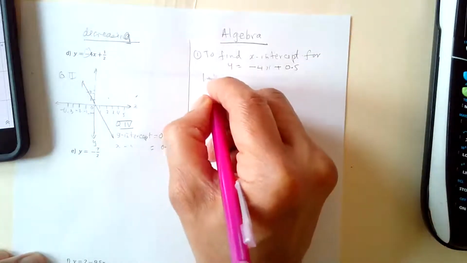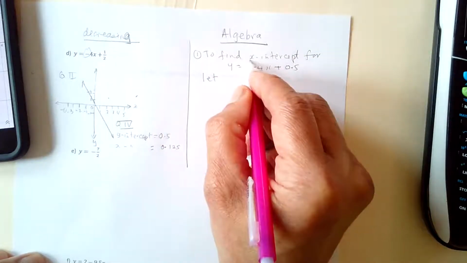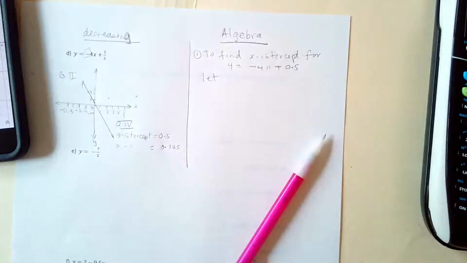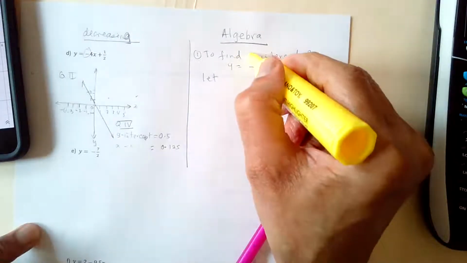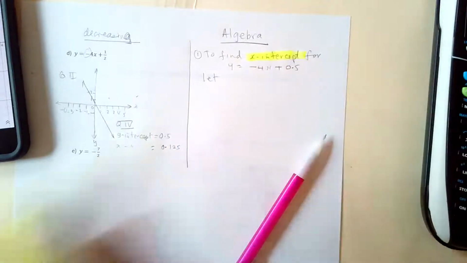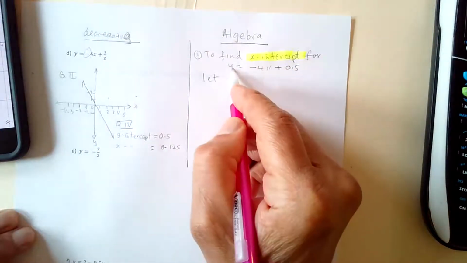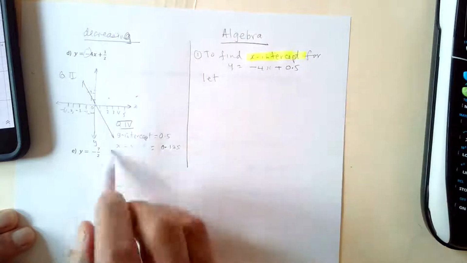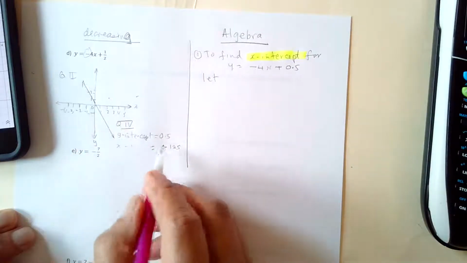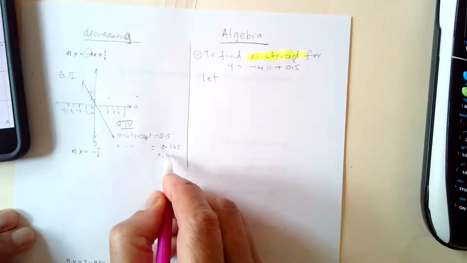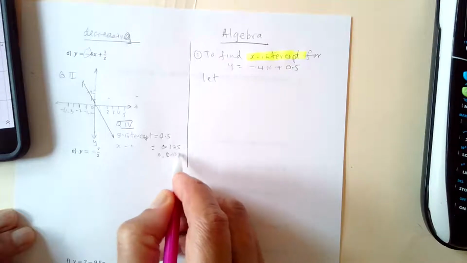So we want to find the x-intercept. I'll just highlight that. Remember, where the x-intercept is located, the y is 0. For example, this point here is 0.125.